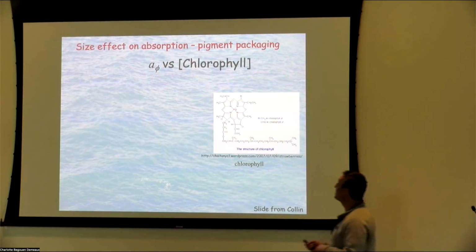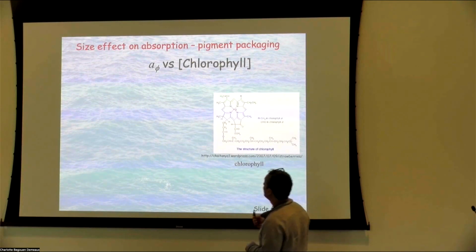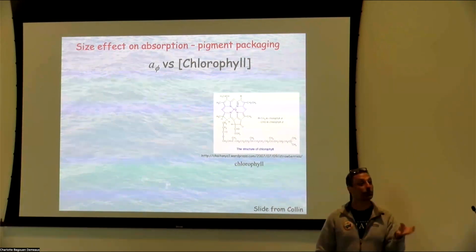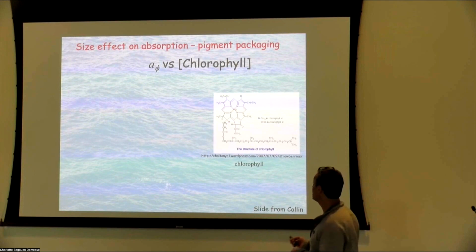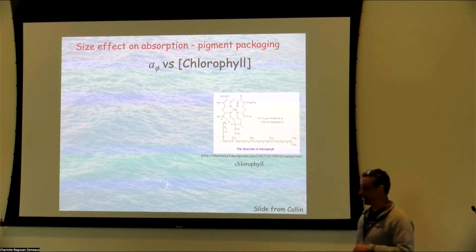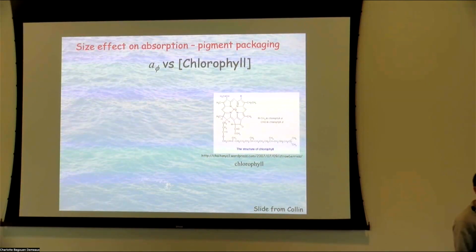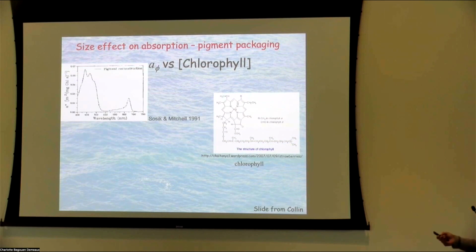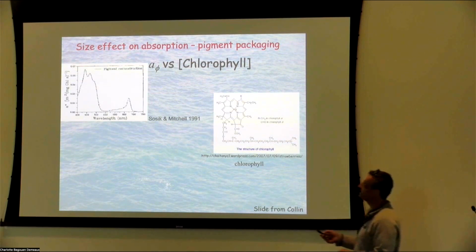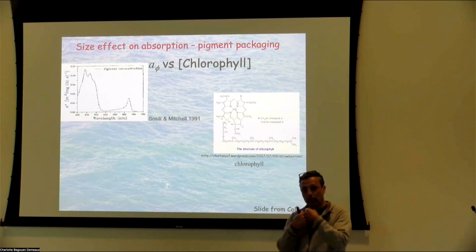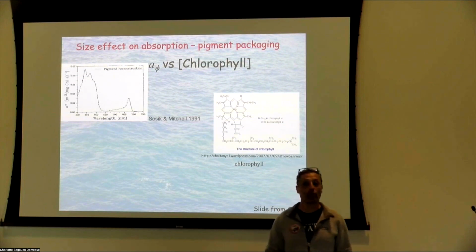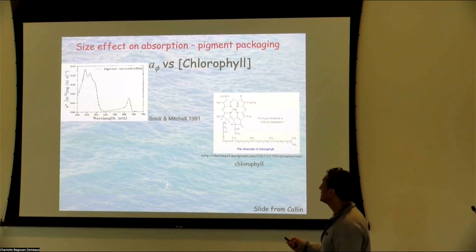So here we go through this process of absorption relative to chlorophyll. This is a slide from Colin, from a super study that Heidi Sosik did way back. You start with a molecule, and if you only looked at that molecule after you burst a cell, this is the kind of absorption you're going to measure.